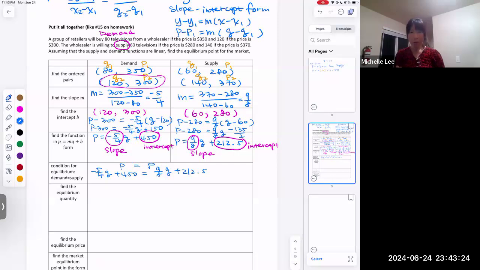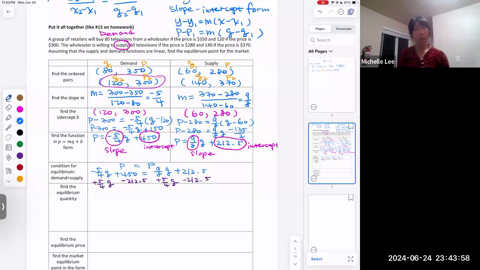Okay, now solve for Q. We move the 5 over 4 to the other side, either one, okay? So let's do this one: plus 5 over 4 Q, and then we move minus 212.5.